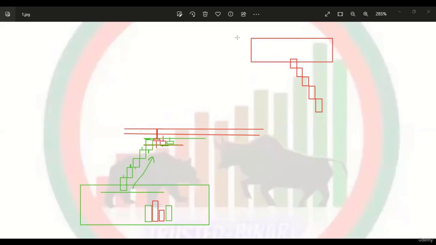That means we have to take this as a strong situation on the seller side. Why? Because after getting rejection from that extreme sellers entry point area, sellers increased their volume. So when this situation happens at the last stage, we can expect the next candle down.